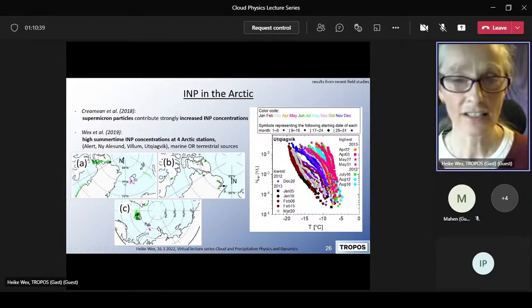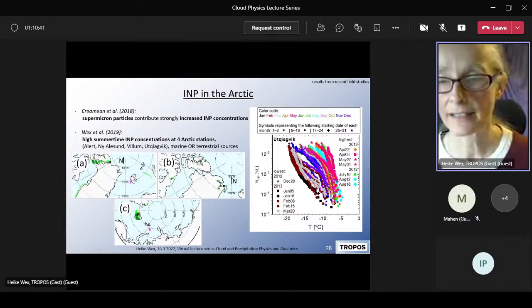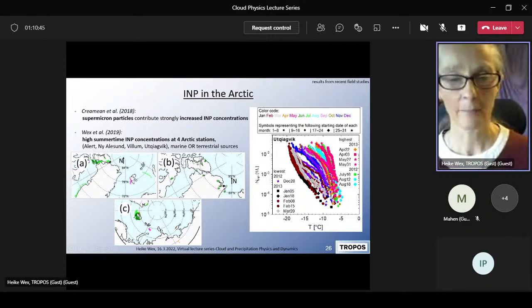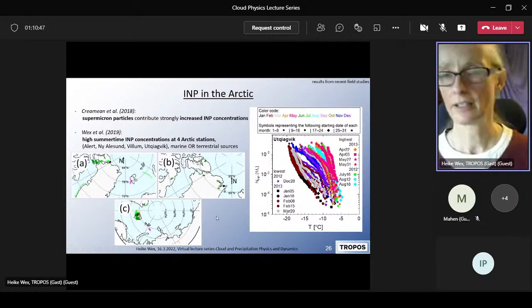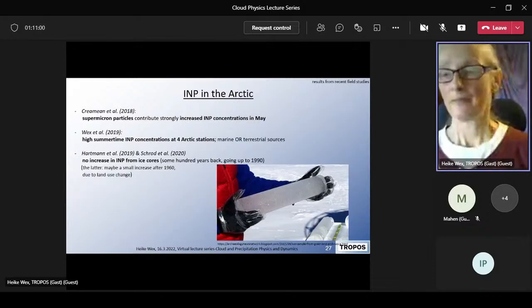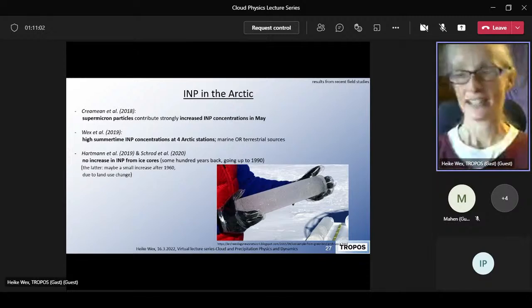The location is always where the samples were taken, this little black indicator here. But honestly, we couldn't say if it's terrestrial or marine sources. And you will see towards the end, no one can tell you, still not. That's a big puzzle, an open question. So we have these high concentrations in the summertime.